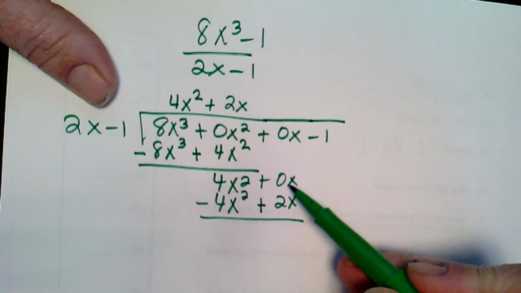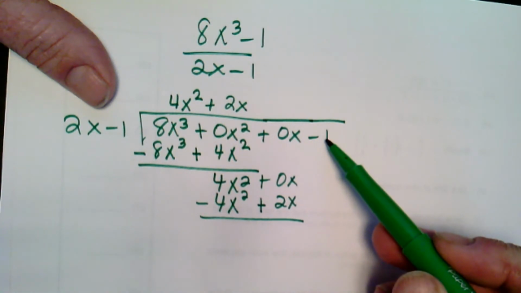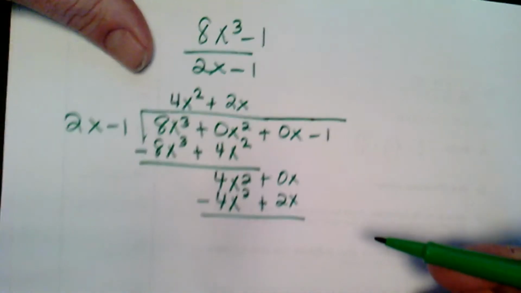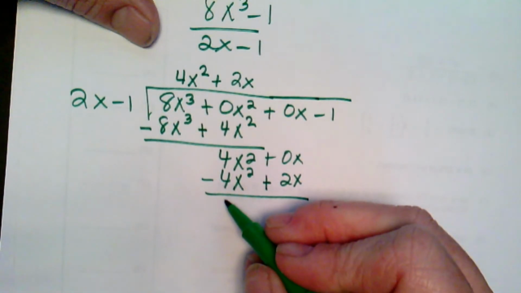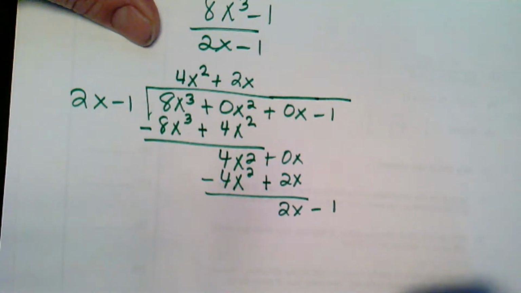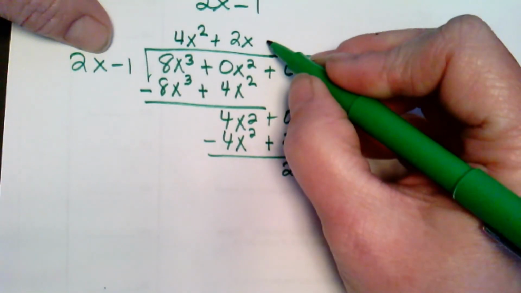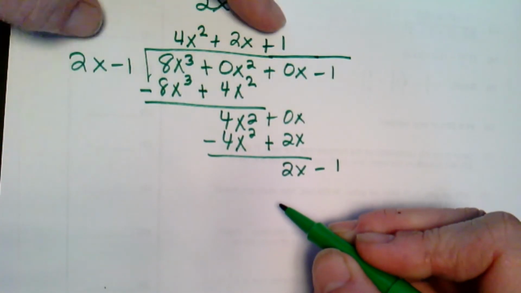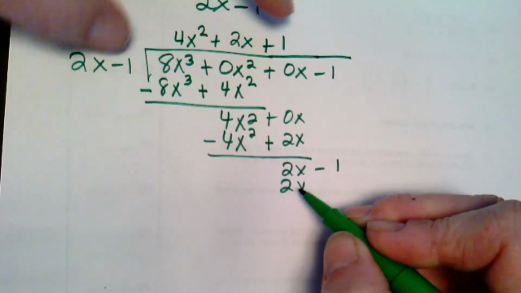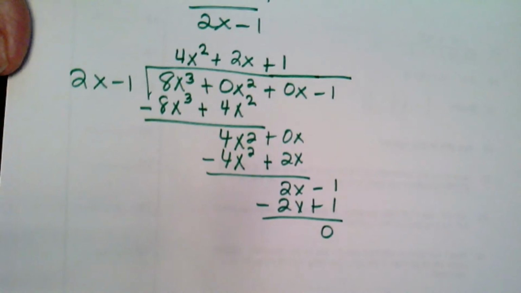So like before, if we hadn't put the placeholder in here, then we would have had an x with our 1, and we can't combine unlike terms. I change the signs of both, and we have 2x, and bring down. And then we have 2x into 2x, so this is a positive 1. 1 times 2x is 2x, 1 times negative 1 is negative 1. Change the signs of both, so this one came out nice and pretty.